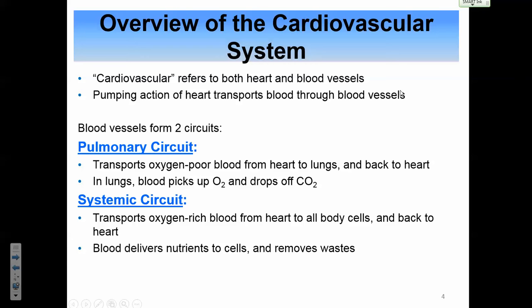One side is pumping blood to the lungs. The other side is pumping blood everywhere else. And those two places and the circuits involved in those are referred to as the pulmonary circuit and the systemic circuit. As we look at the heart, this will make more sense. This is just putting the words out there for you, but you'll see what we mean.